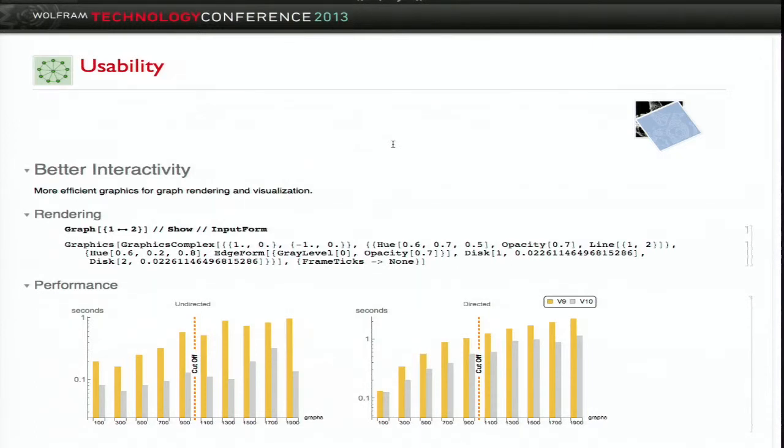The other thing we did is also to improve the rendering of large graphs. By large I mean thousands of vertices in our terms. When you decide to render the graph with thousands of vertices, a vertex is roughly a point, small enough that you cannot make any distinction.